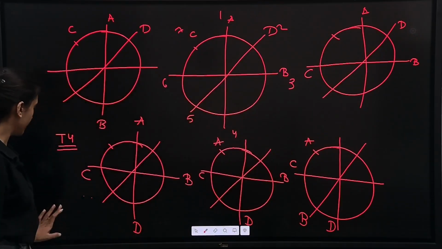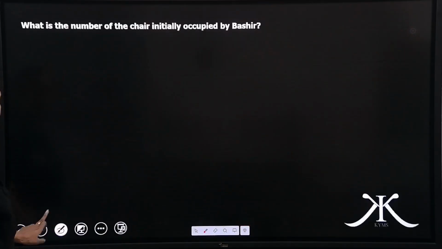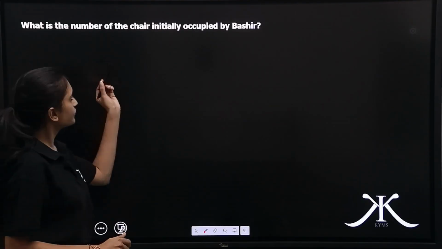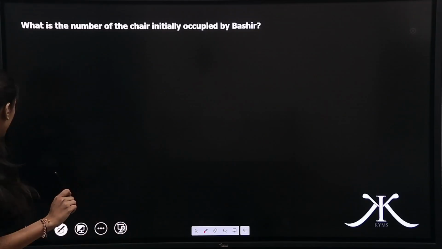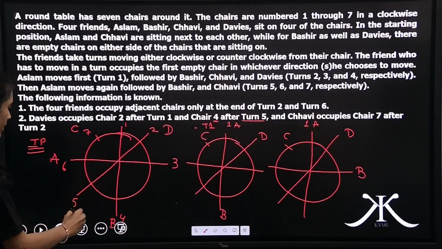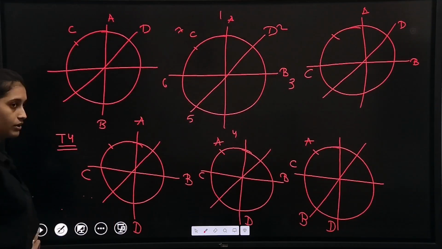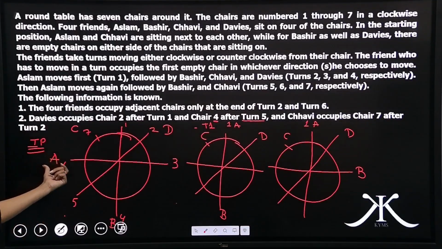Now let's see what our first question says. What is the number of the chair initially occupied by Bashir? Chair number 4. We can see in the initial diagram that Bashir occupied chair number 4.